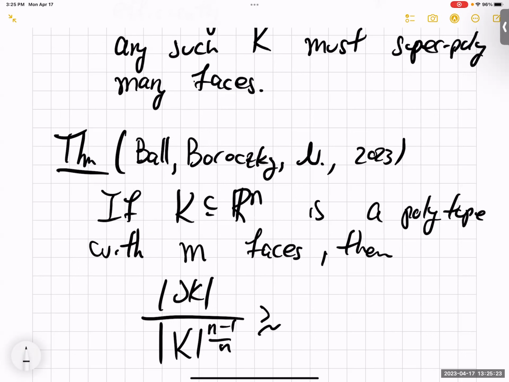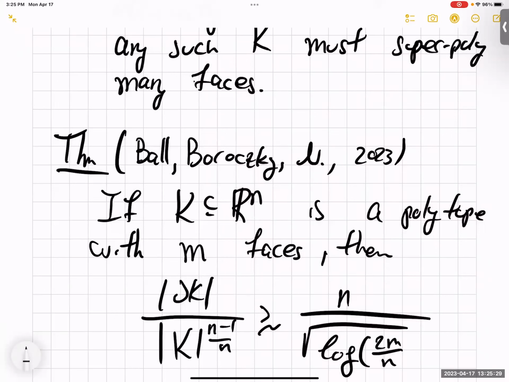If you restrict to have m faces, then you get what you expect, which is root log 2n over n. So if m is exponential and like a ball, you get root n, but you can get better. But in particular, if the surface area is root n, it forces m to be exponentially large in n. Not a huge surprise, but we should say it.